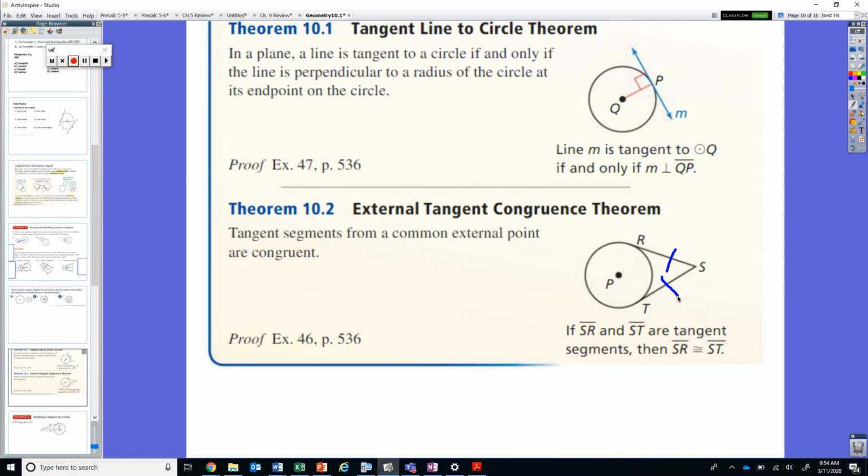That's super, super important to understand. The only way that this works is if RS and ST are congruent to each other.